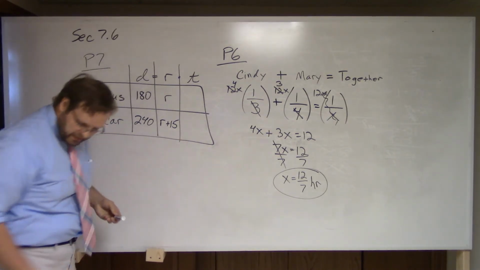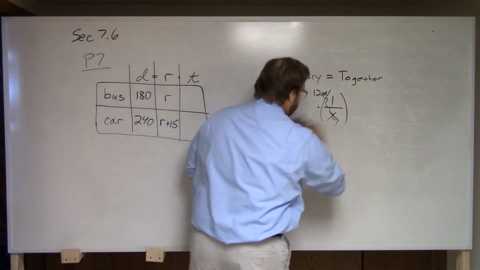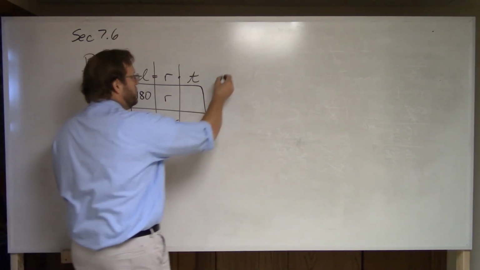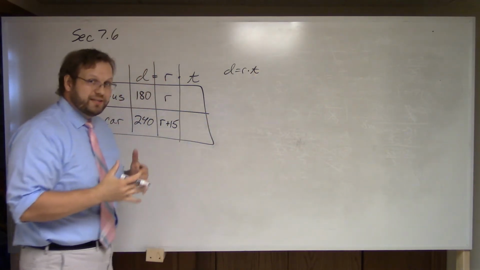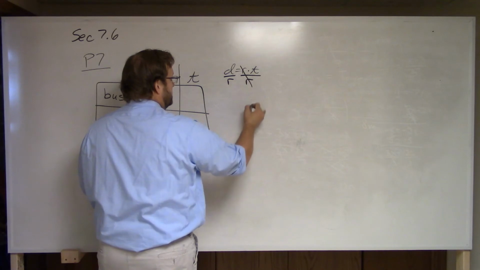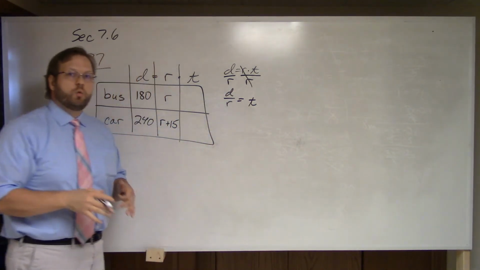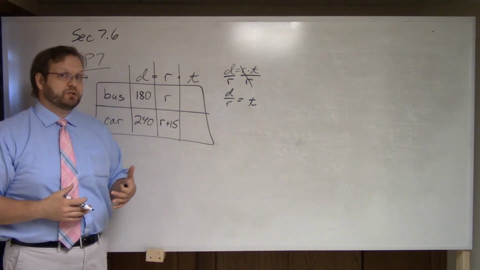The combination is going to come from the original formula. So what I mean by that is, we know that distance equals rate times time. But if we're working with time, time is distance over rate. So while we don't know anything about the time, we can describe the time algebraically.